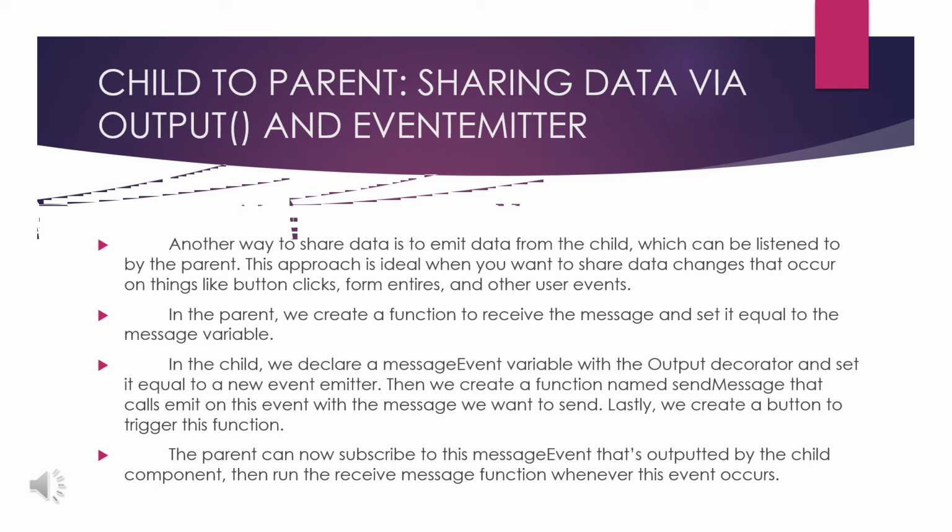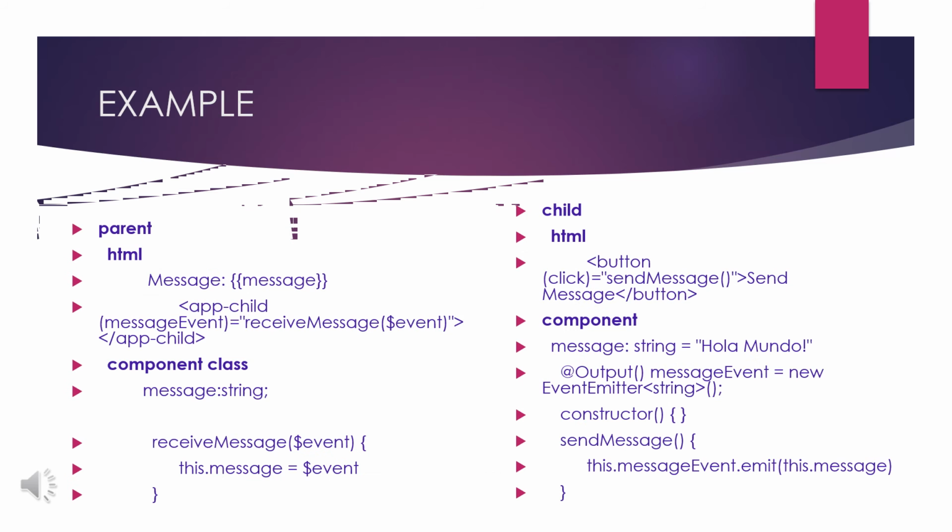With this EventEmitter only, we are emitting this message to the parent component. I'll show you an example. So for passing the values from the child component to the parent component, we have the Output decorator. Taking the child component first, we have a message stored, and this message has to be pushed to the parent component. So I have an Output decorator which has a message event.